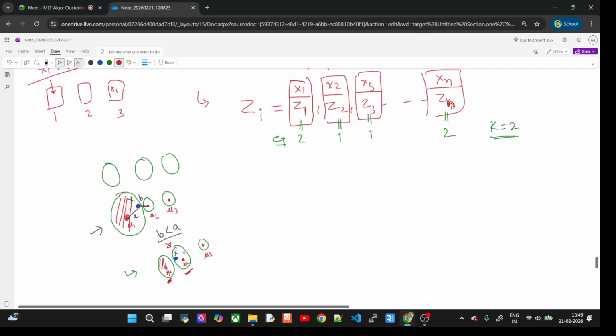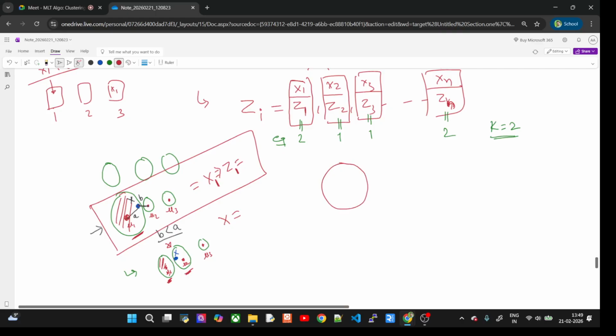Earlier this x1 had cluster indicator z1. Means I am saying this x1 point has a cluster indicator z1, which is equal to this cluster. I am talking about this example. I think I should write it straight.